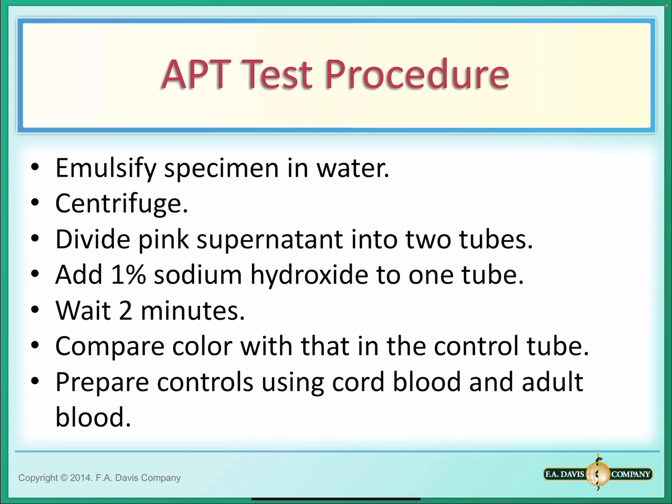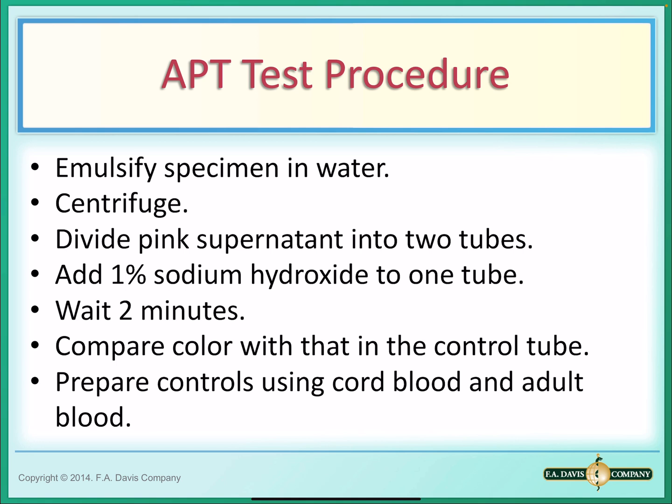And again, here is the procedure for the APT test, which is taking the material that is emulsified in water to release the hemoglobin. Then you centrifuge the sample. 1% sodium hydroxide is added to the pink hemoglobin-containing supernatant.